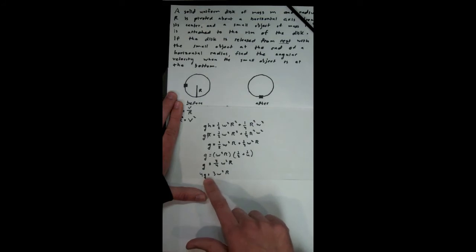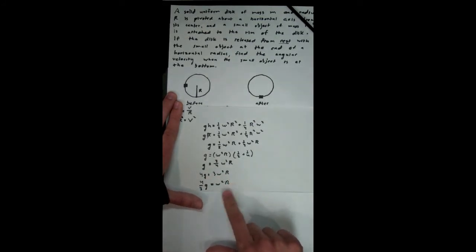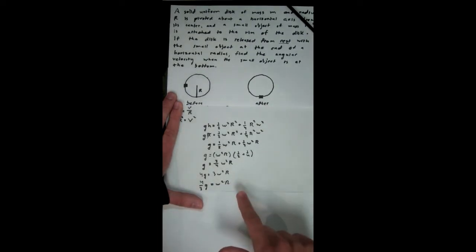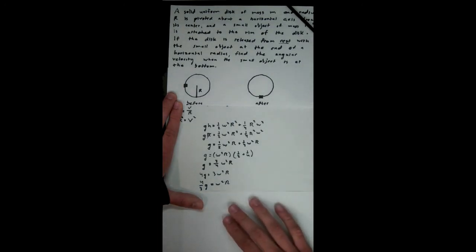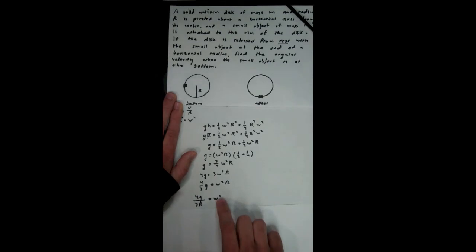You get 4g equals 3 omega squared R, which means 4/3 g is equal to omega squared R. And now, to finish with the algebra, you get 4g over 3R equals omega squared.